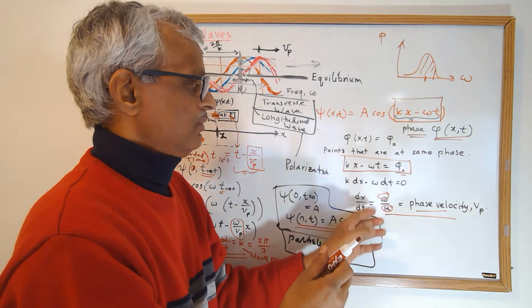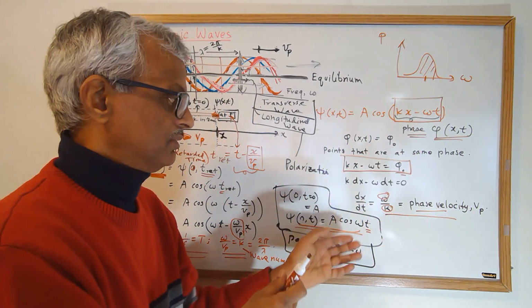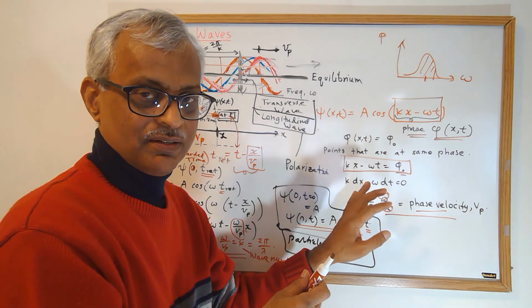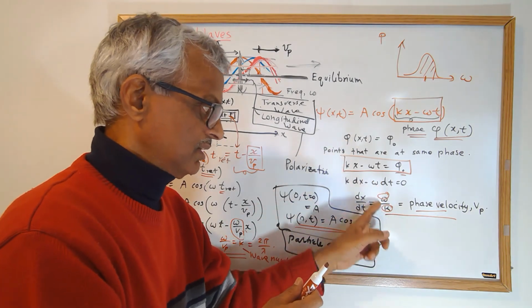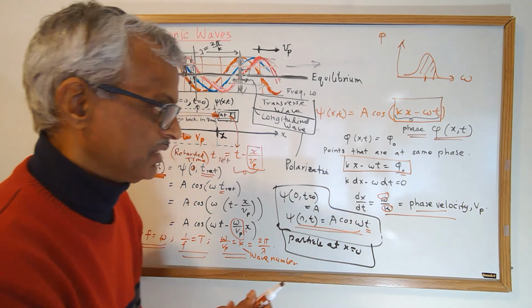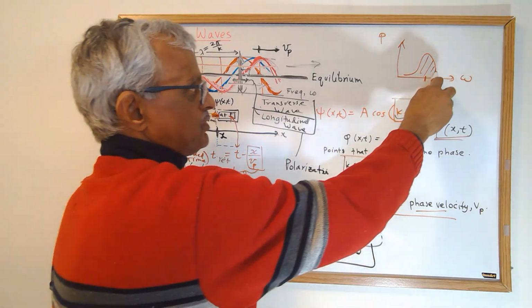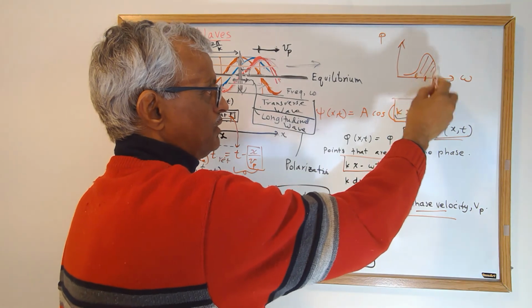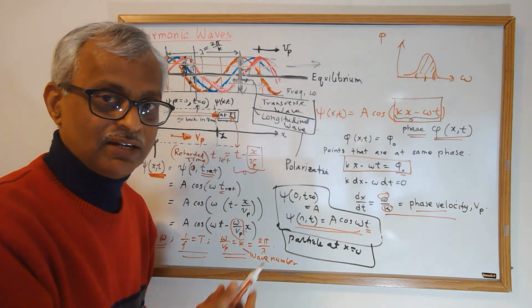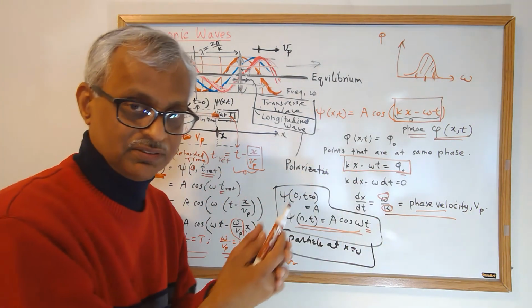But if omega and k do not have a constant relationship, omega over k is not constant, then if you have a whole bunch of omegas, how do I define a velocity at which, for instance, energy travels?